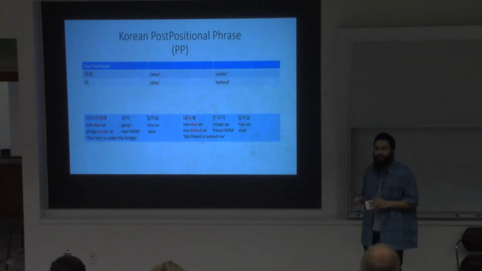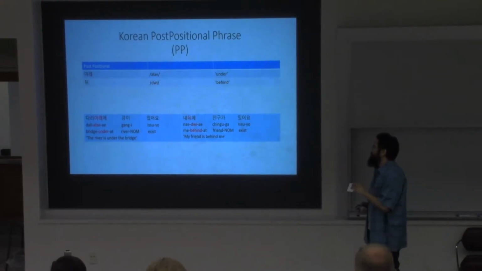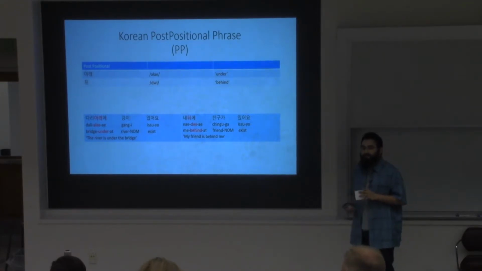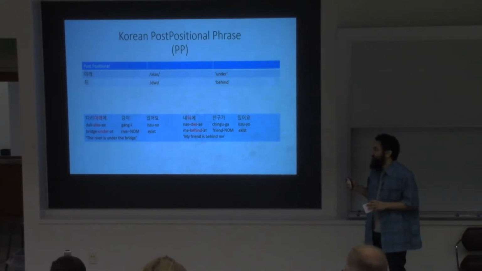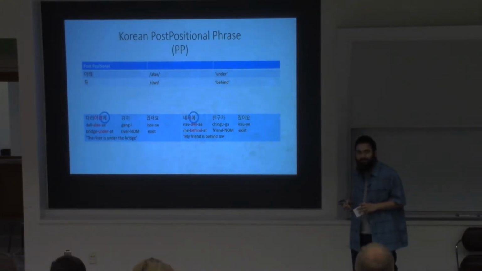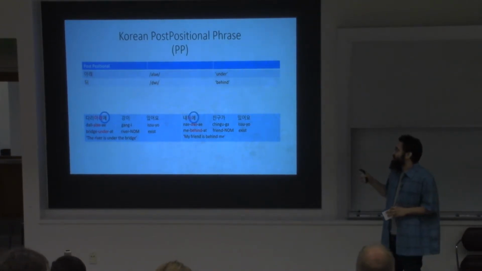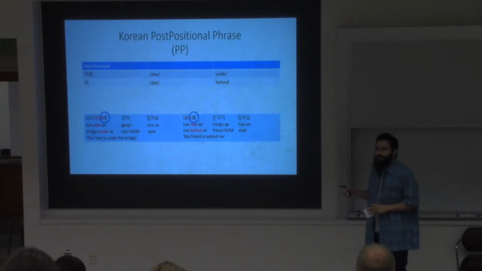Earlier, I said that Korean seems to like to mark its subjects and objects. However, in these sentences, the object marker is conspicuously absent. But wait, what's that? Right there. This morpheme ae has showed up in every single positional sentence that I looked at in the Korean data.